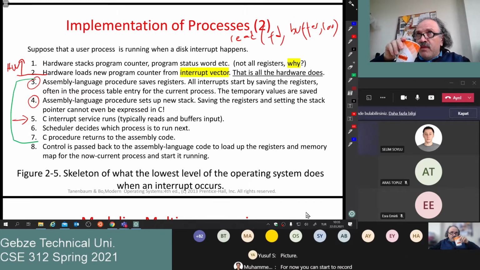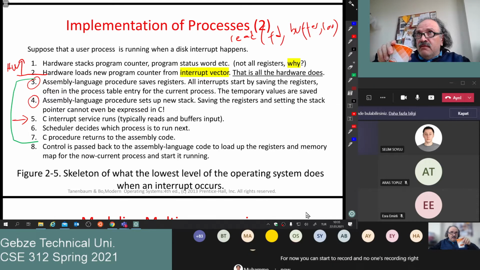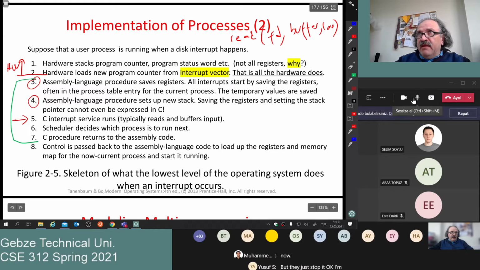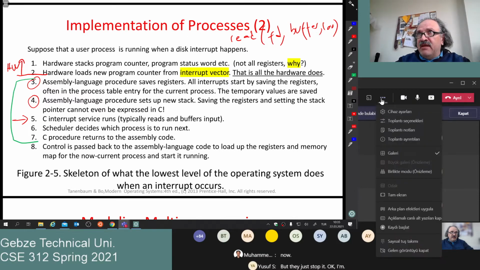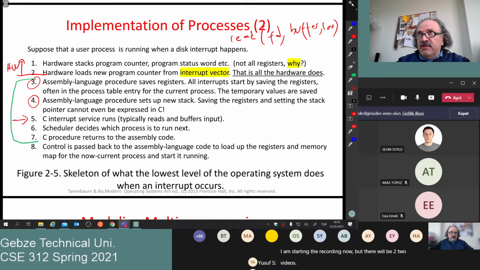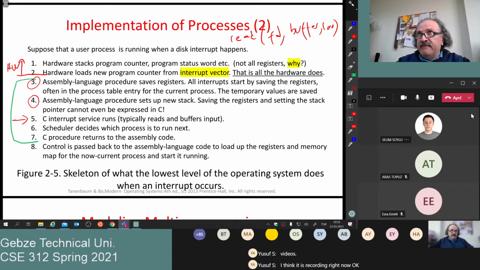And no one's recording right now. But did you stop it? Okay, I am starting the recording now, but there will be two videos. I think it is recording right now. Okay, it is recording. Okay, good. So I am recording the OBS. Next time, don't start recording. Just let me know, and I will start it.